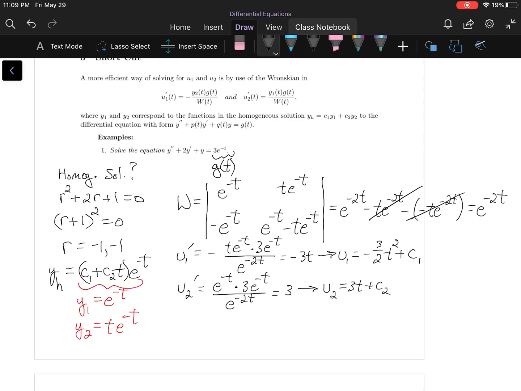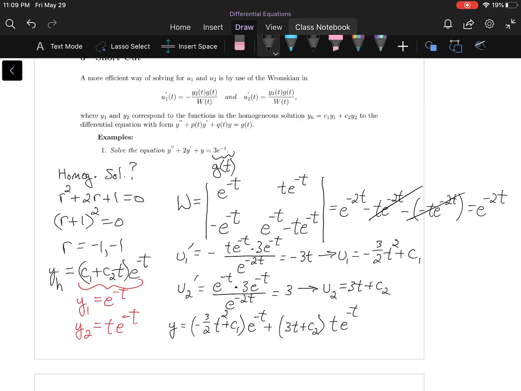And finally, the full solution, our general solution, is y equals u1, which is negative 3/2 t squared plus c1 times y1, which is e to the negative t, plus u2, which is 3t plus c2, times y2, which is t e to the negative t.